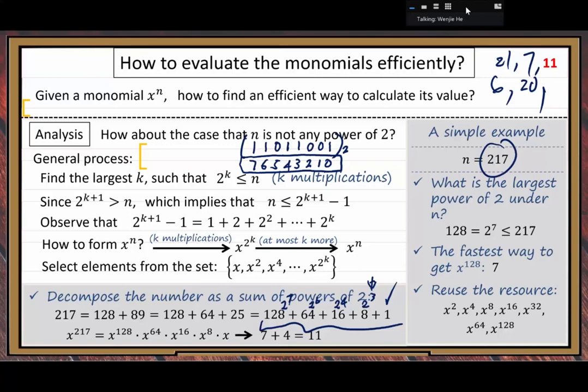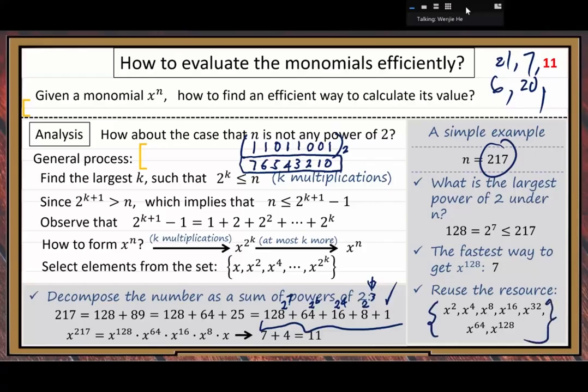When you do the intermediate calculation, you do not waste the intermediate calculation. So keep the resource. That's our resource. We treat this part as the resource pool. We maintain a resource pool.